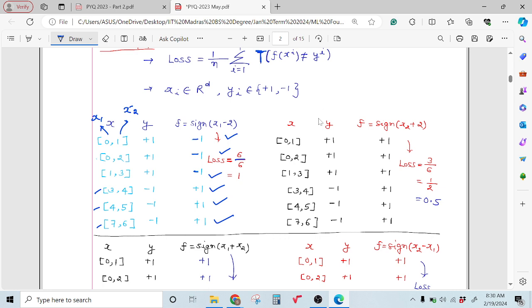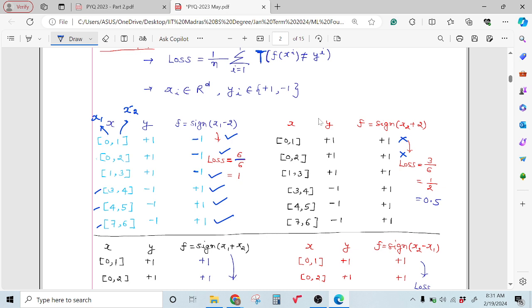Similarly, if we calculate this, it is not deviating, so we will not consider this as a loss. This is not a deviation, we will not consider this as a loss because it is exactly matching our actual output.